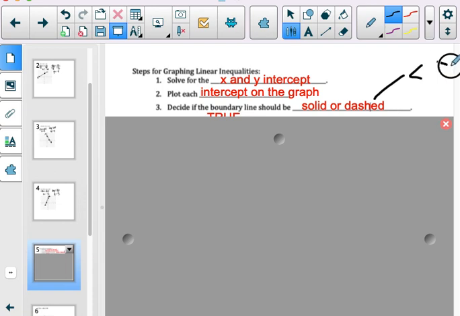Less than or greater than signs are going to be dashed. Solid lines are going to be less than or equal to or greater than or equal to. Because I can equal the value, I'm going to have a solid line.